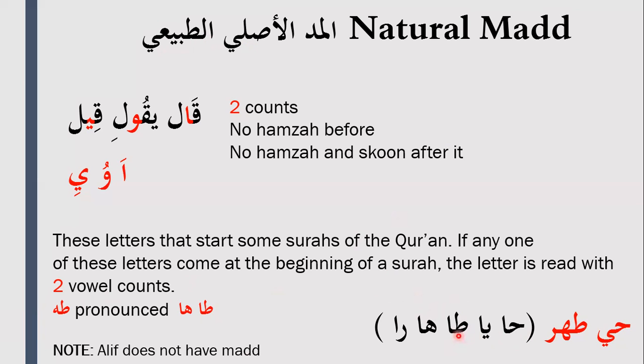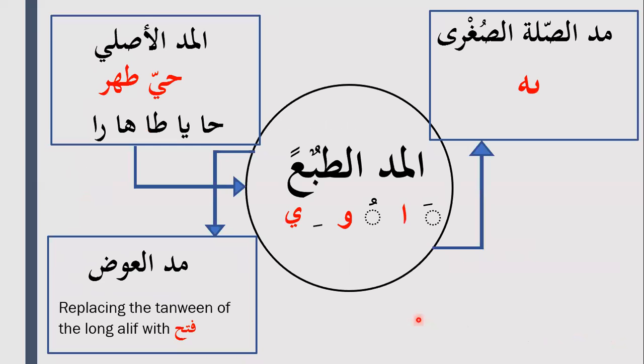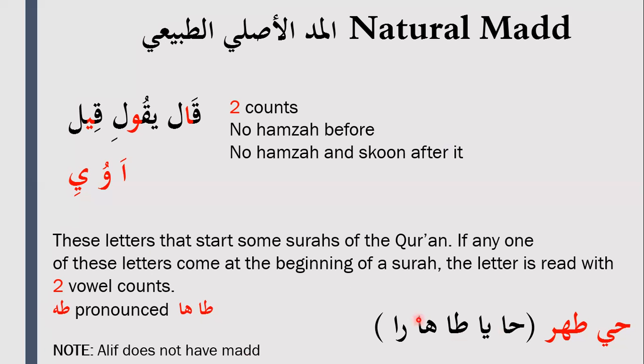Why? Because it has alif, and ha also has alif. So this is your mad tabi'i, the natural type of mad, and it's also the mad al-asli. So it is both tabi'i and asli. So it's a natural type of mad, but this one we will say is asli, and this one we will say is tabi'i. Okay, but they both come under the natural type of mad.